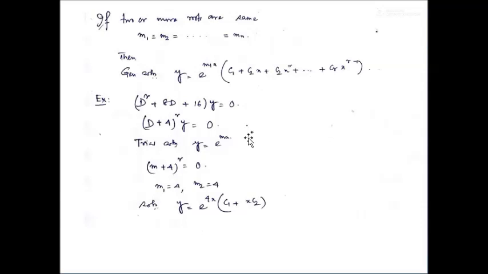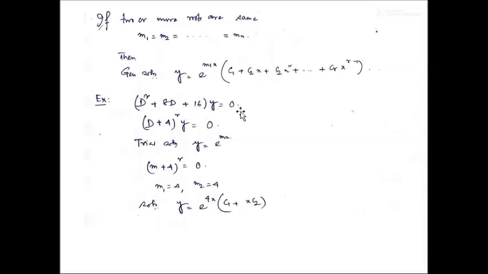Now if the roots are the same, then the general solution will be y equal to e to the power m1x into (c1 plus c2 x plus c3 x squared) in this form. I take another equation, (d squared plus 8d plus 16) y equal to 0.